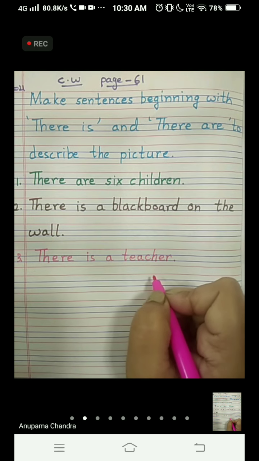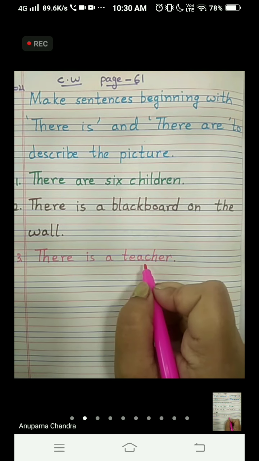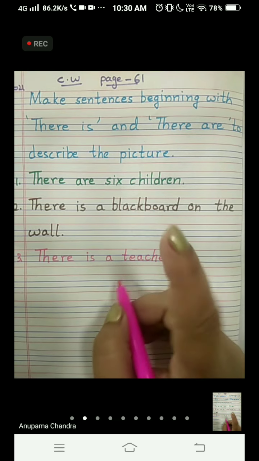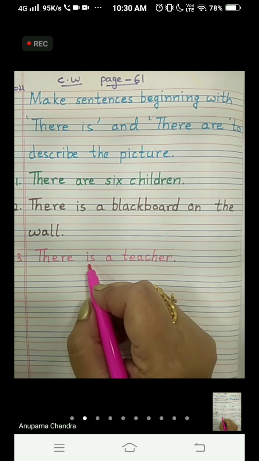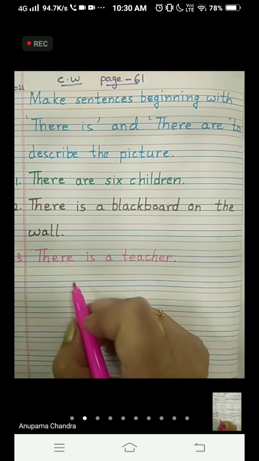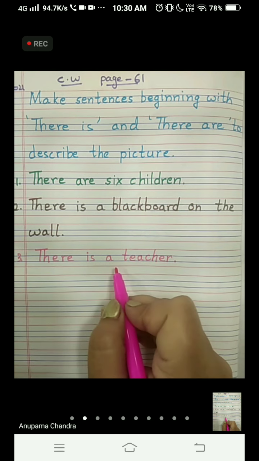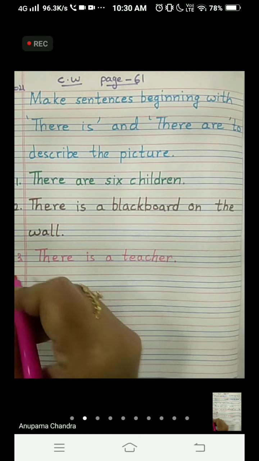As given in our book, a teacher. Okay. And when we are talking about one people, that is a teacher means one teacher, we are going to use is, and we will begin the sentence with there is. Okay, children. So I repeat, there is a teacher.